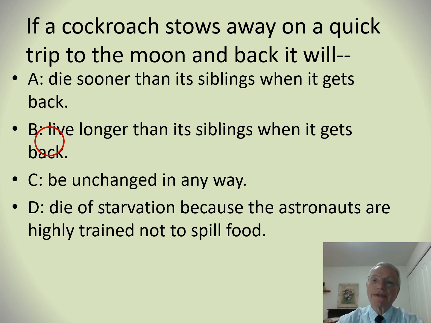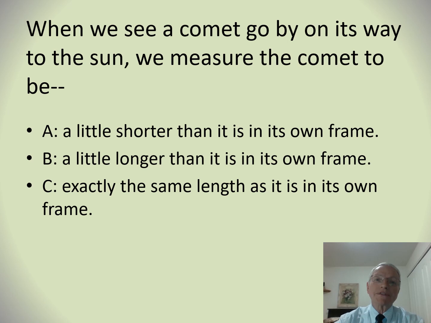It has moved and its clock has run slow compared to its siblings, and so it's actually younger than its siblings when it gets back. When we see a comet go by on its way to the sun, we measure the comet to be which of these? Yep, it's a little shorter. That's the length contraction.